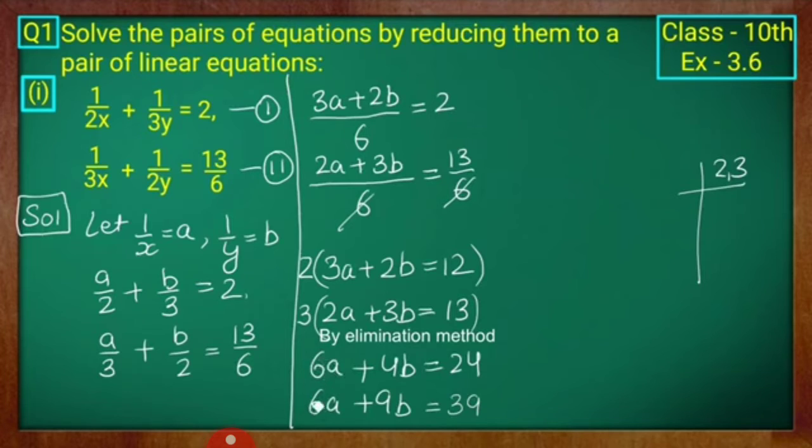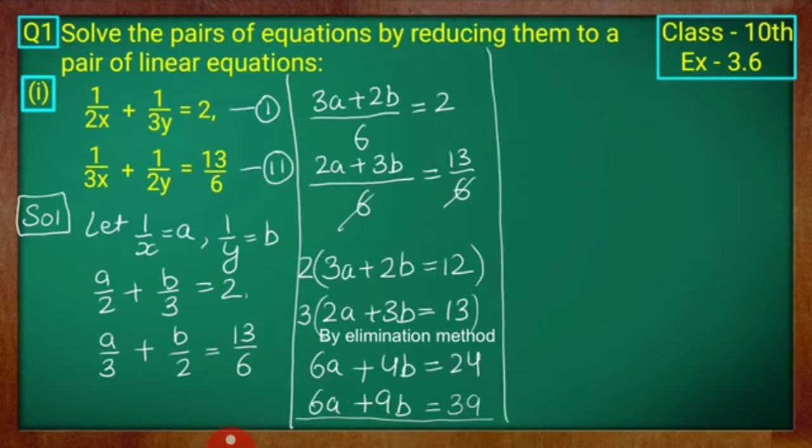Now you can see the a terms in both the equations are the same. Now subtract, because both a terms have the same sign. For the same sign we need to subtract the equations, so the a terms will be cancelled. We subtract 4b minus 9b, it will be minus 5b is equal to 24 minus 39, which is minus 15.